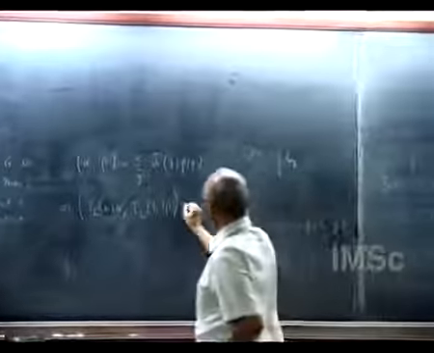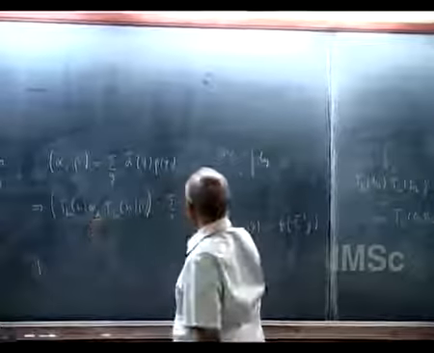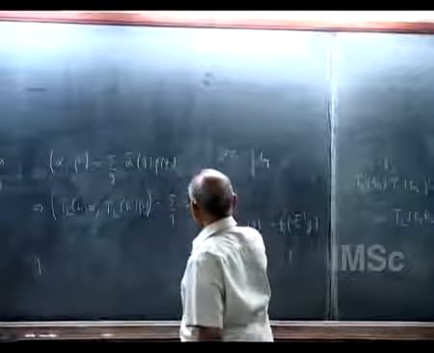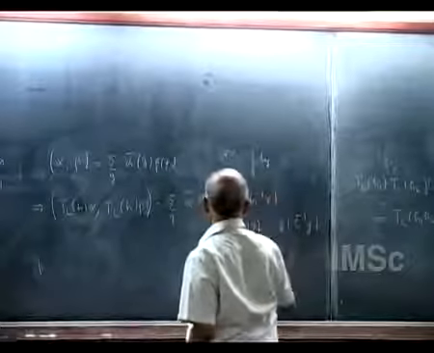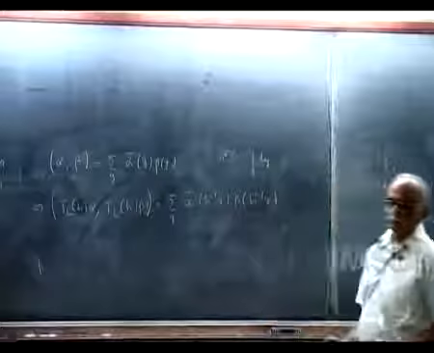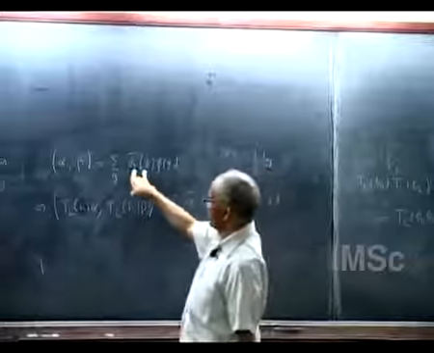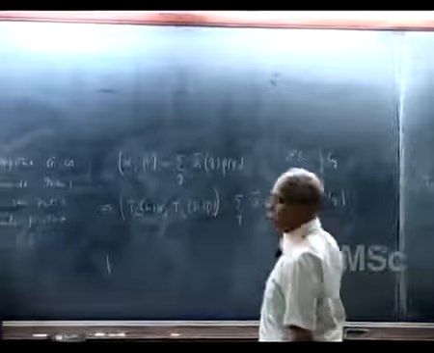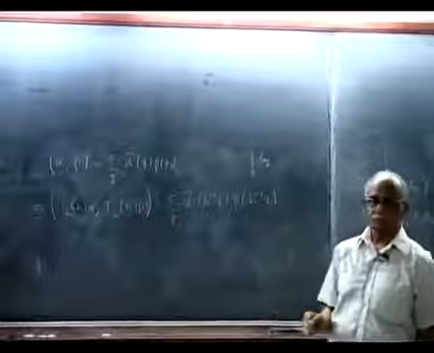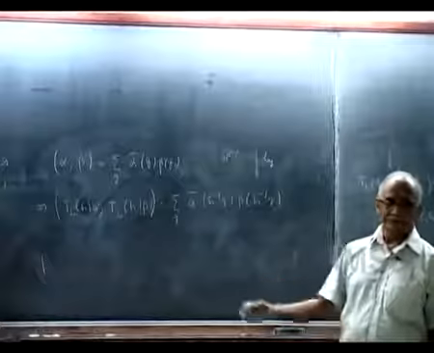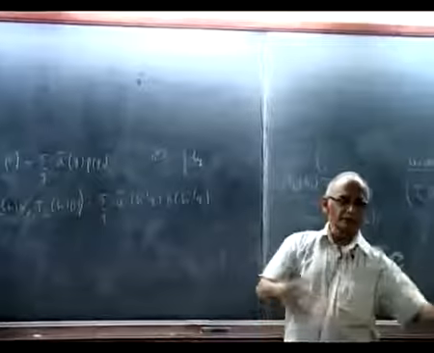This will be a summation over G, where because of TL, I will get alpha bar of H inverse G times beta of H inverse G. I am summing over G, and the H will go away, because H is simply permuting the group elements.